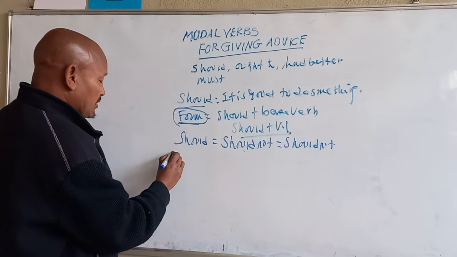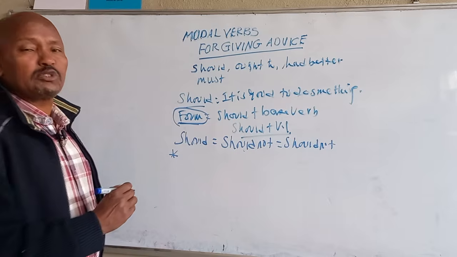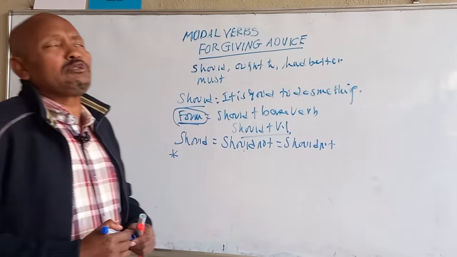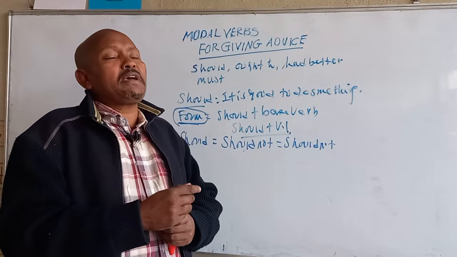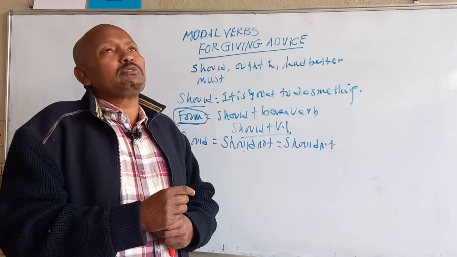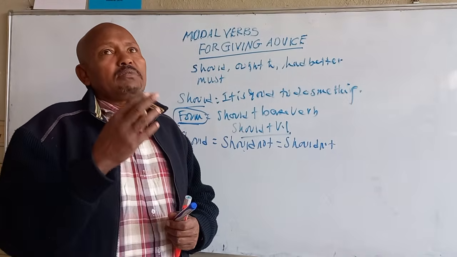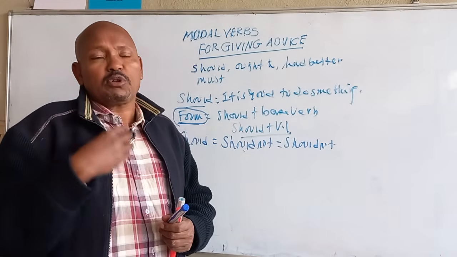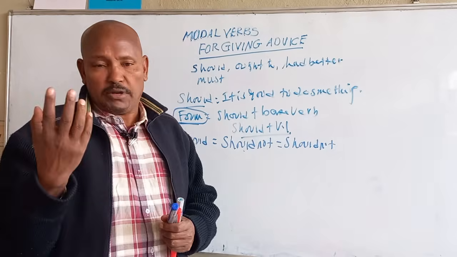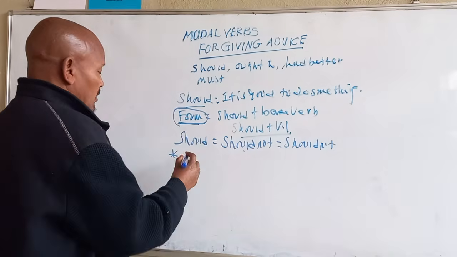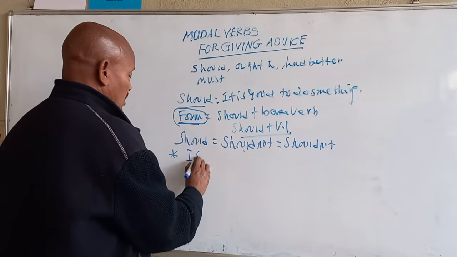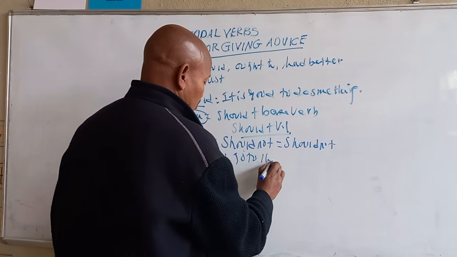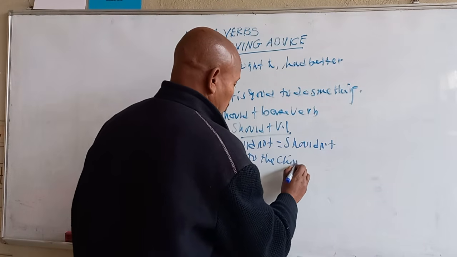What kind of situation is important to use should? Today I feel pain, so I want to go to the clinic, so I'm going to use the modal verb should in order to treat the problem. So I should go to the clinic.